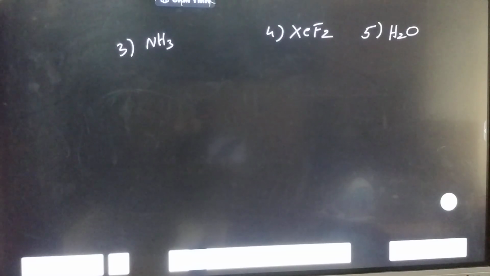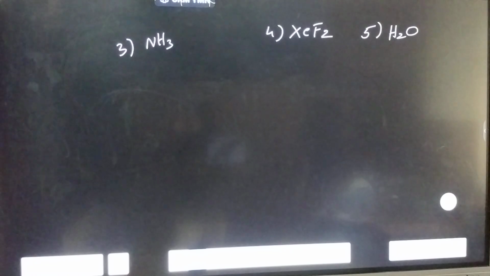Ragnika, what is the answer for NH3? Shravya, Misbah, Akshara, what is the answer for NH3? Good.